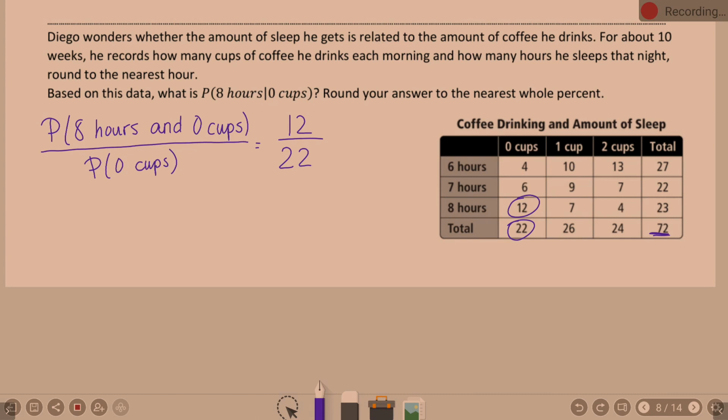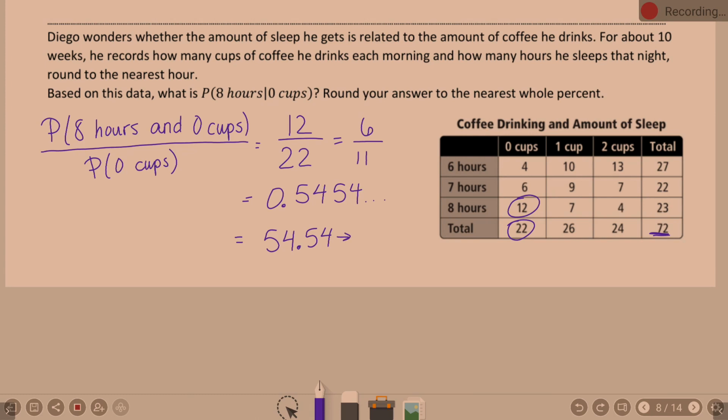What do you know about 12 out of 22? I guess they don't want a fraction, do they? My brain says 6/11. What's that become as a decimal? Wait, 0.5454, so on and so forth. What's that become as a percent? 54.54%.